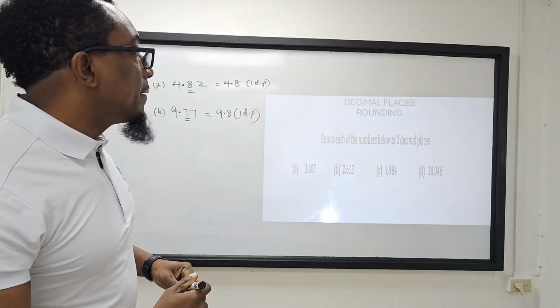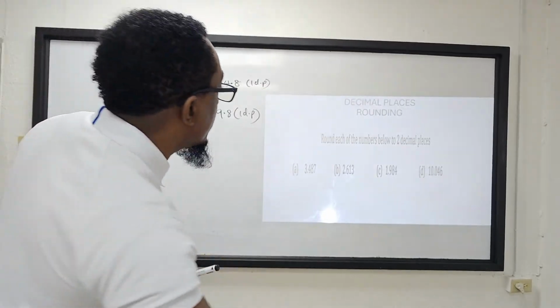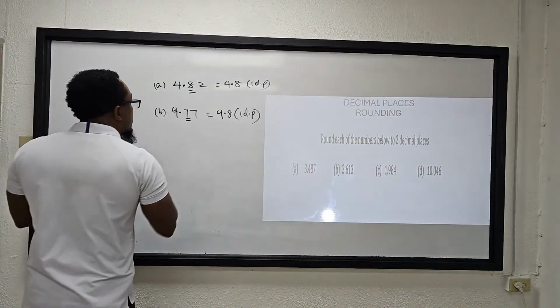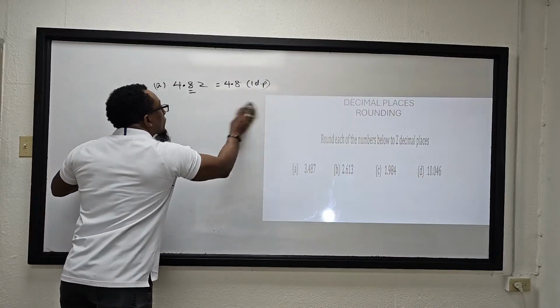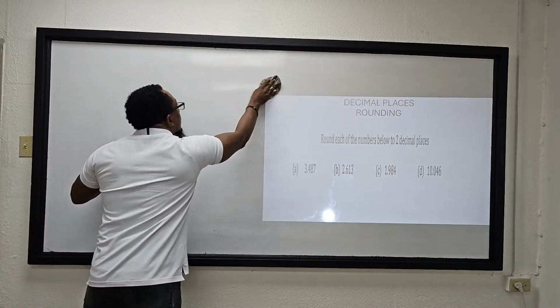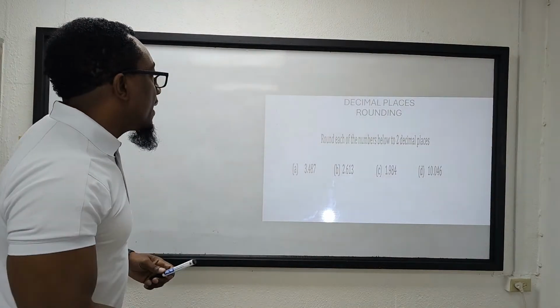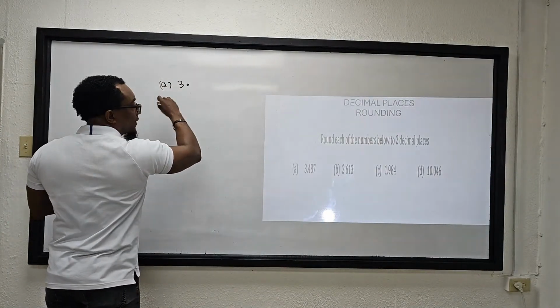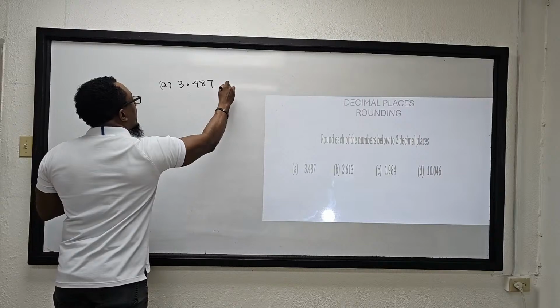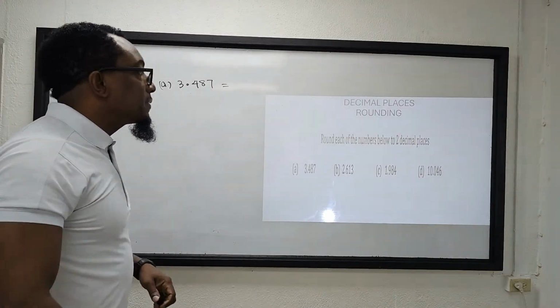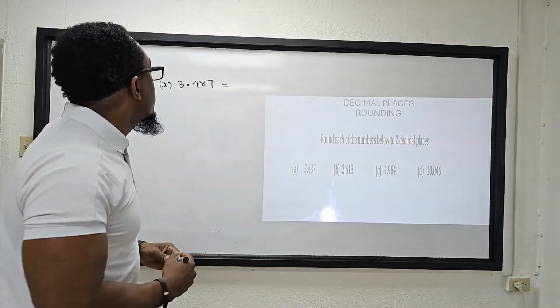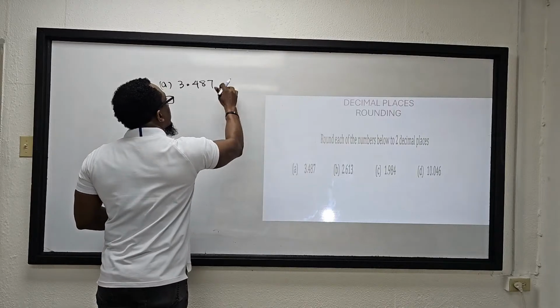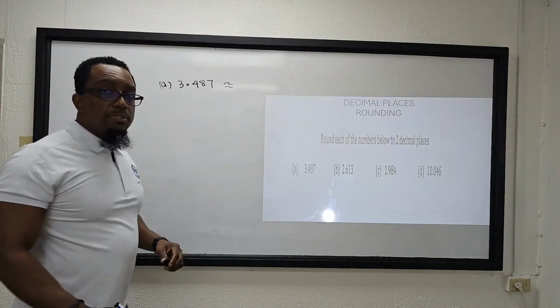Round each of the following numbers below correct to 2 decimal places. The 2 decimal places, we have A, 3.487 to 2 decimal places. You have to round that to 2 decimal places. This will be approximately, and we put the approximation symbol for that.